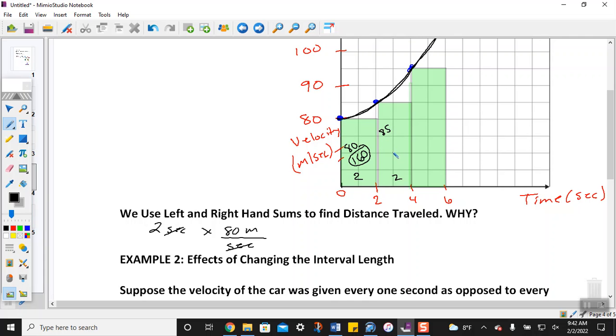Okay, what's 2 times 85 make? 170, right?